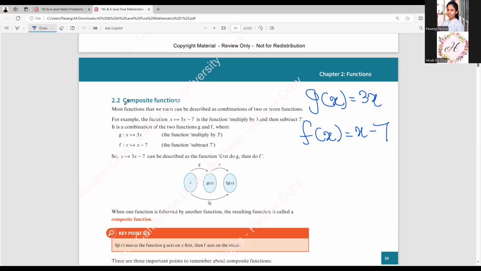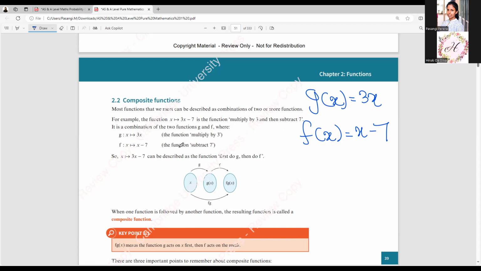Most functions that we meet can be described as combinations of two or more functions. For example, the function 3x minus 7 is the function multiply by 3 and then subtract 7. It is a combination of the two functions g and f.